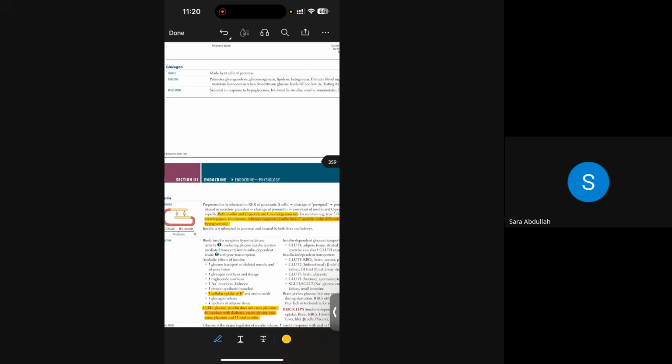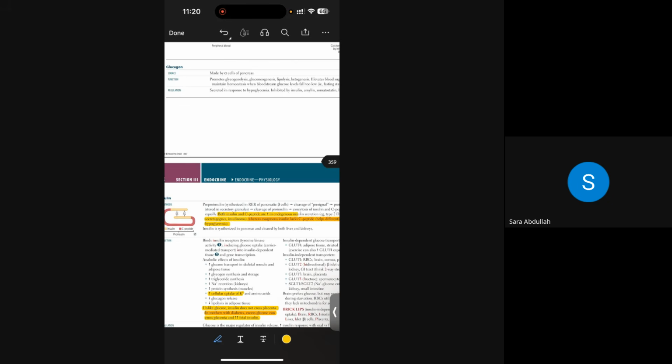If the C peptide levels are elevated, that means the insulin is endogenously made. If they are low, that means the person is taking insulin from outside, because some people abuse insulin use.